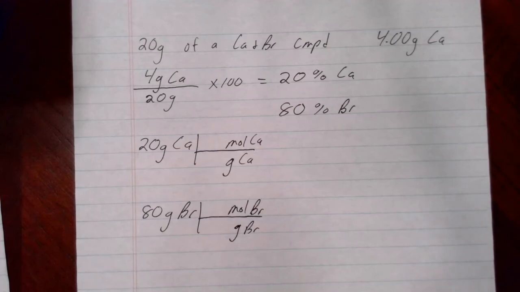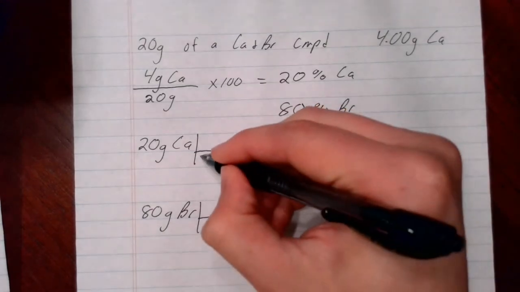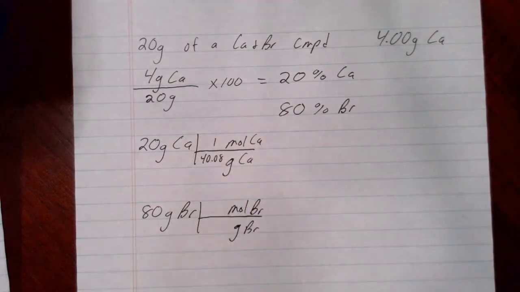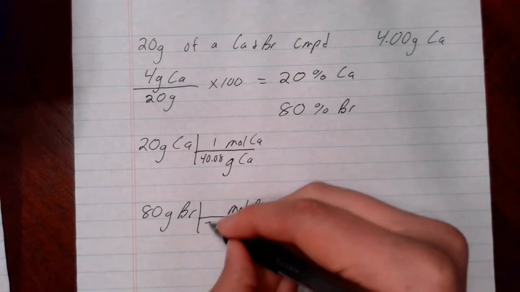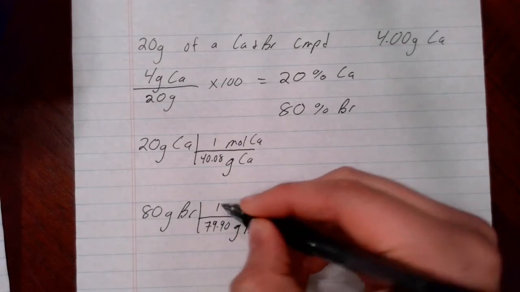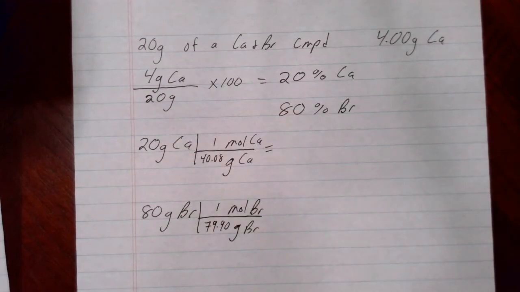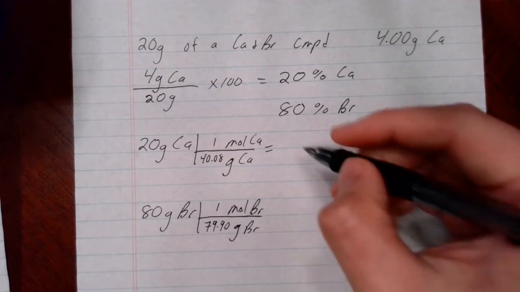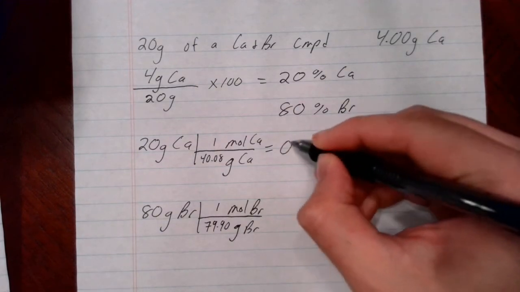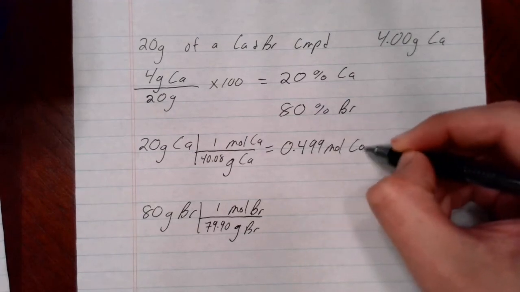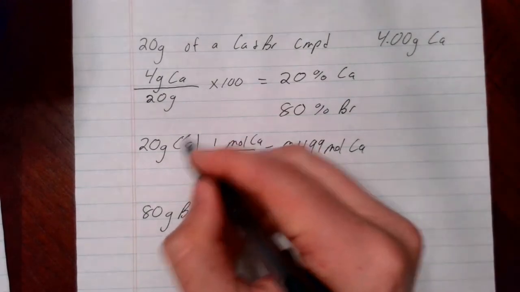The molar mass for calcium is 40.08 grams per 1 mole. The molar mass for bromine is 79.90. So if I do that math, 20 divided by 40.08, I get 0.499 moles of calcium, and I cancel the units there.